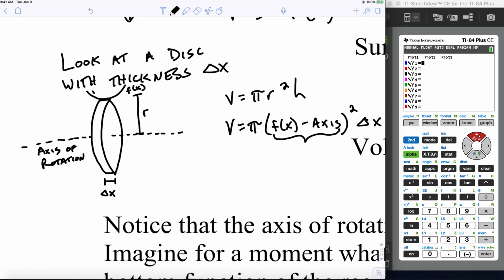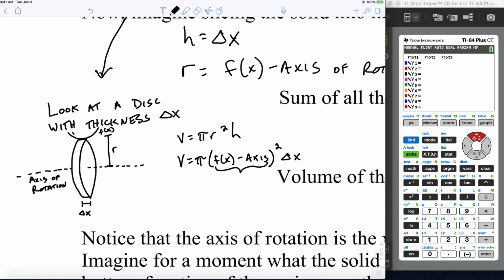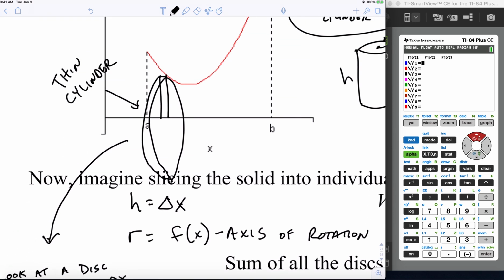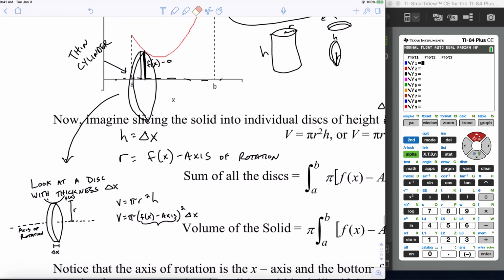That's how we get our radius. It's f of x minus the axis of rotation. Now in this case, the axis of rotation was our x-axis, so our radius just happens to be f of x, because minus 0, because this equation is y equals 0 at the x-axis. We're going to see what happens when we have a different line of rotation or axis of rotation.